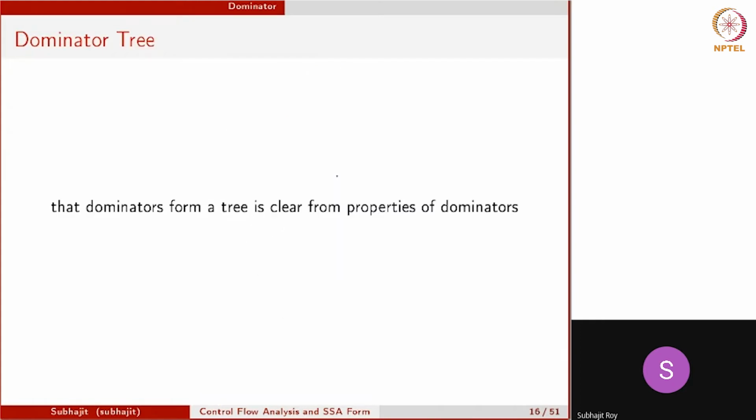Because things are lined up in that order, it is very easy to see that this dominance relationship, and more so because it's a partial order, actually falls into a tree. So you can arrange the nodes in a control flow graph as a tree, and these edges define the dominance relation.